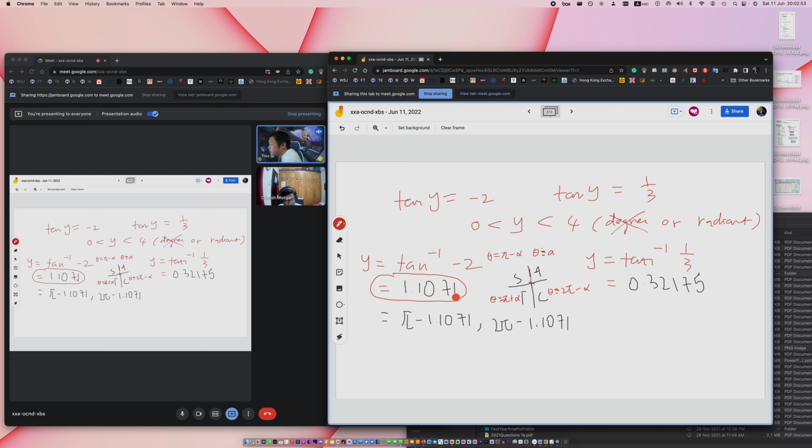Actually, before you use the calculator, the right way to do this kind of question is, let me do it my way first. Later you get to see how my way is different from your way, or maybe it's the same.